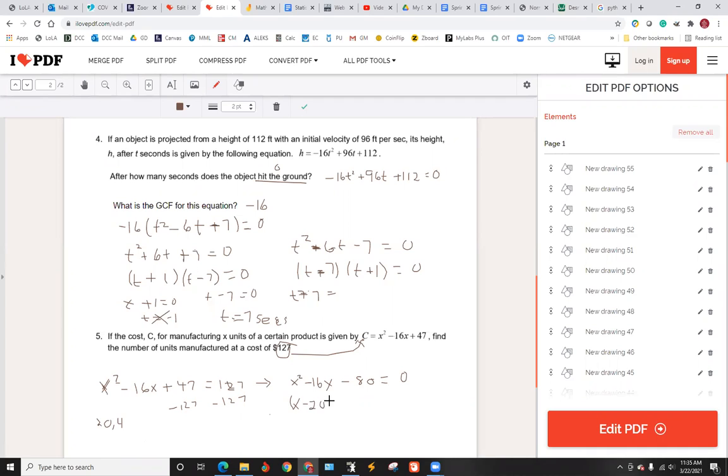The larger one has to be negative. All right, this is going to be the negative one, so we can throw this one out.